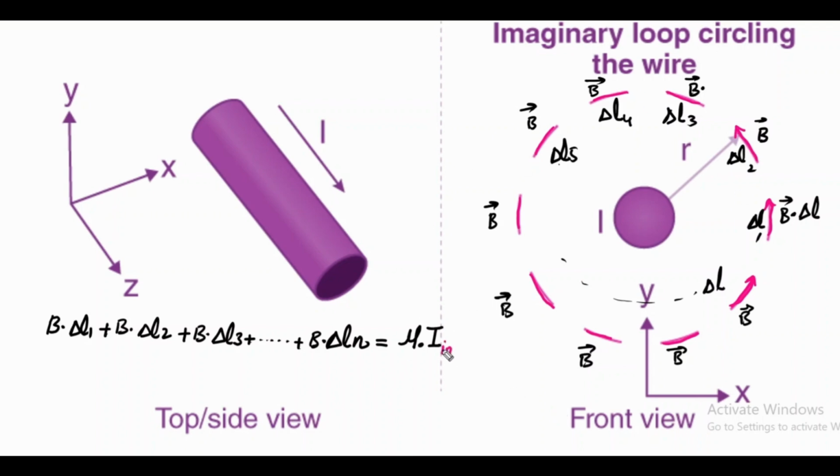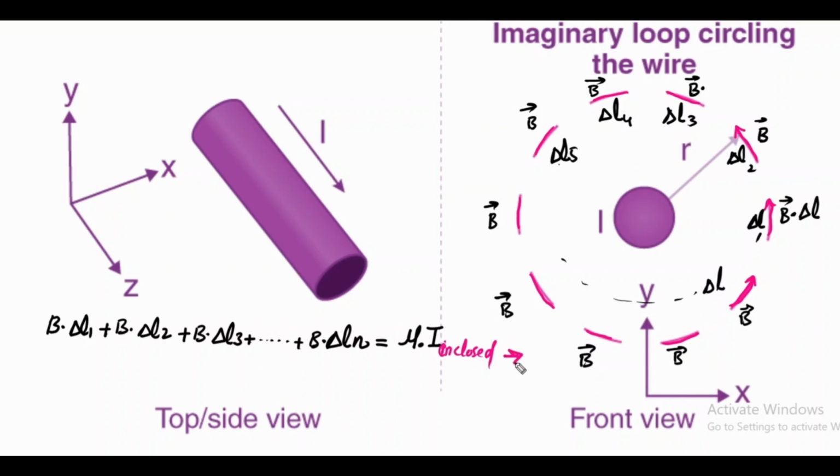Here he stated that if you take the dot product of magnetic induction and del L at each and every position of the Amperian loop and add that, it will give you the current enclosed by the conductor present inside that Amperian loop.